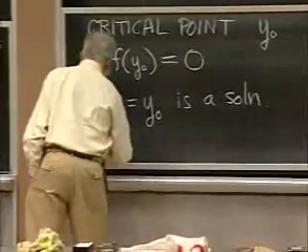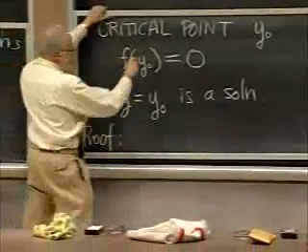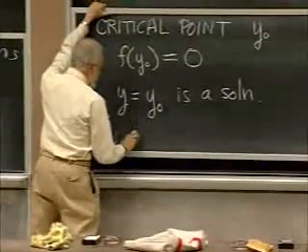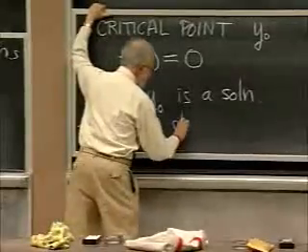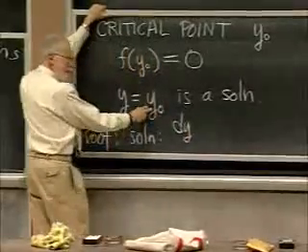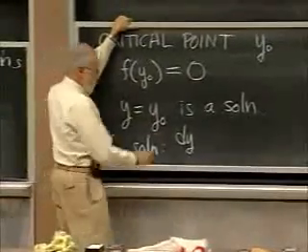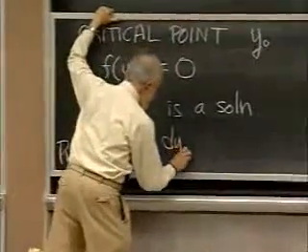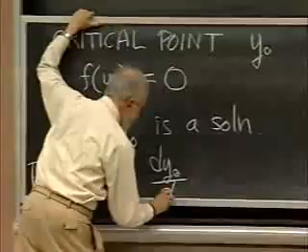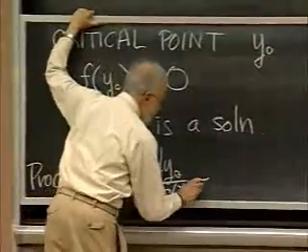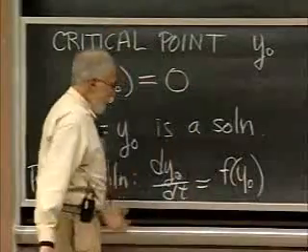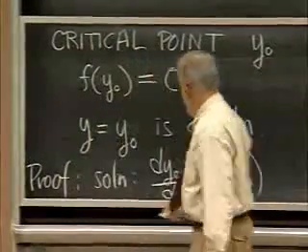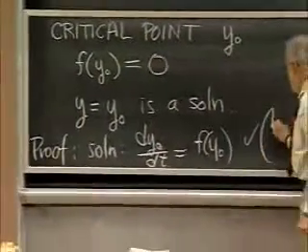Maybe we can make one line out of a proof. To say that it's a solution, what does it mean? It means that when you plug in this constant function, y0, dy0/dt is equal to f of y0. Is that true? Yeah, both sides are 0.